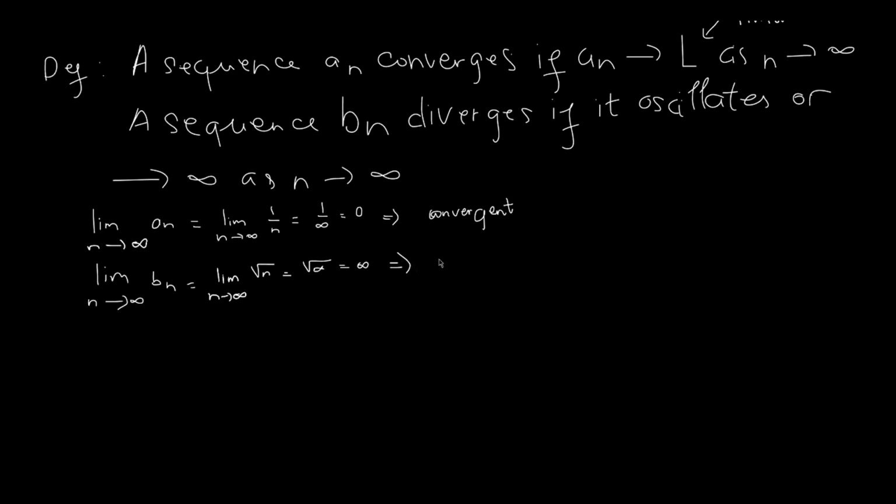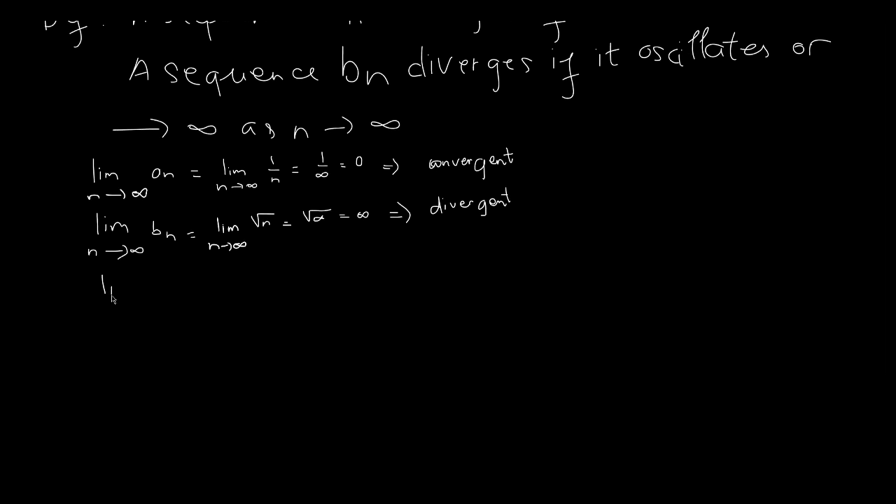So this sequence is indeed divergent. And the third sequence is the one that oscillates between two values, -1 and 1. This sequence is quite interesting because whatever value you substitute for n, you will not get any values other than 1 and -1. So because this sequence oscillates between two values, we can say that this sequence is divergent.